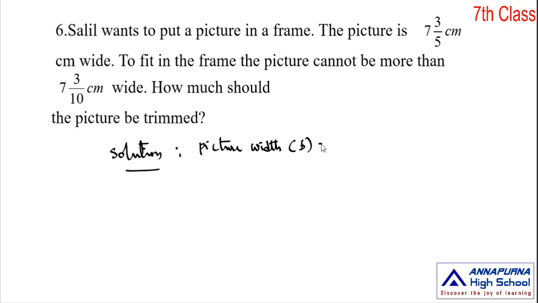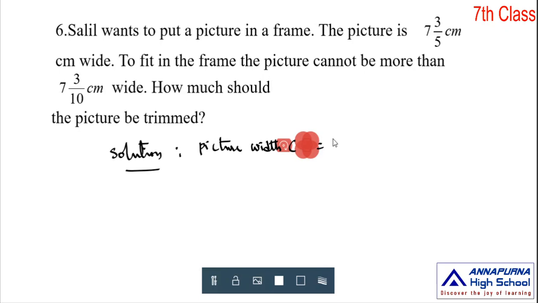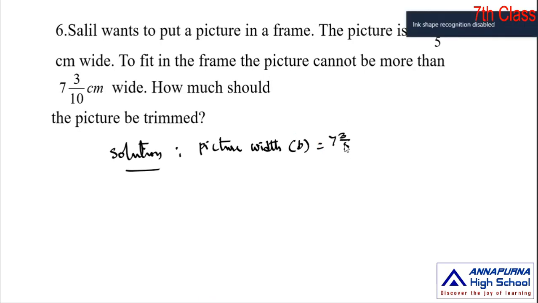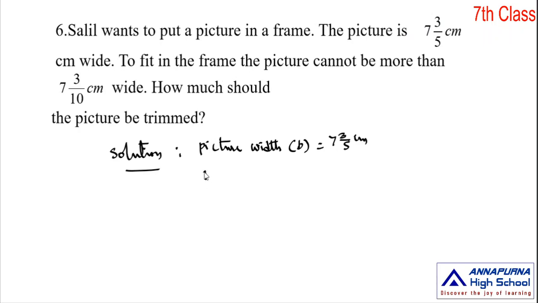So B is equal to how much? 7 3 by 5 centimeters. Whereas the frame width, write down frame width, that is breadth of the frame, is how much? 7 3 by 10 centimeters.